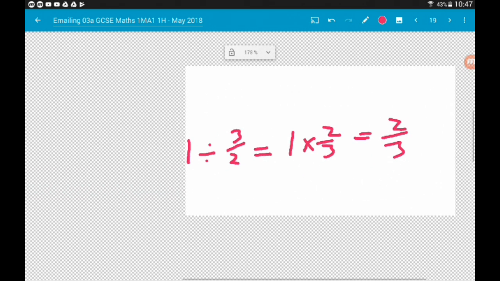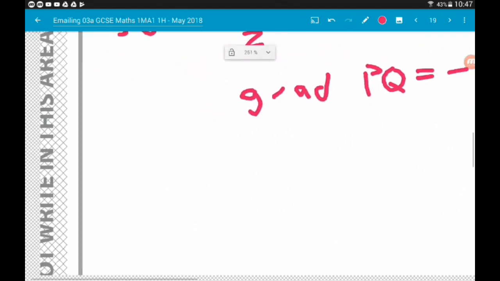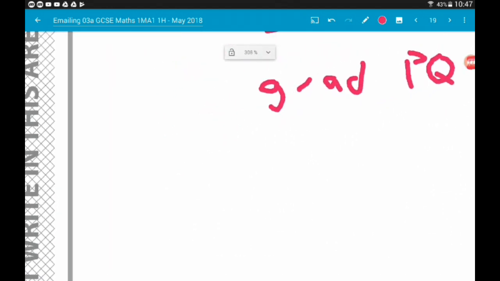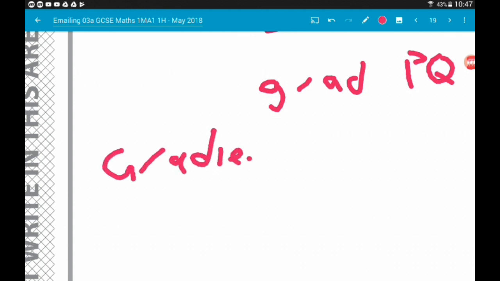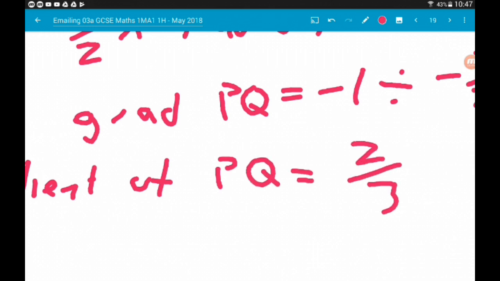Okay, so what we know up to here is we know numerically the gradient of PQ is 2 thirds. Okay, so that's quite a nice point to get to.